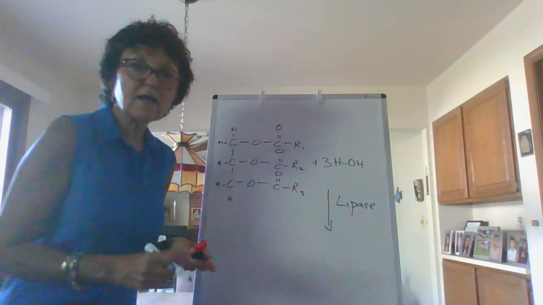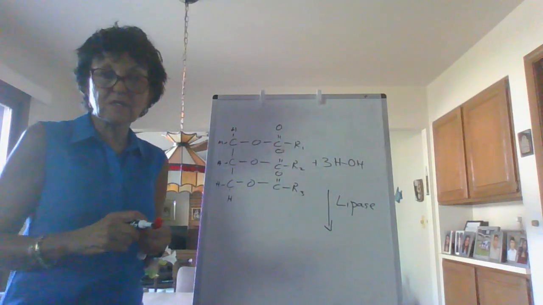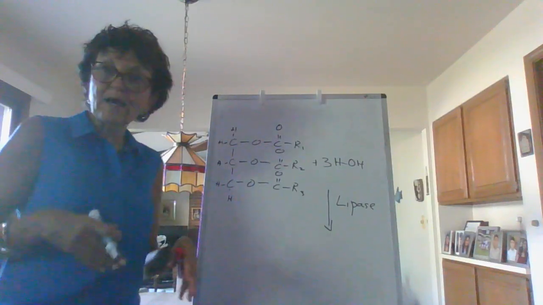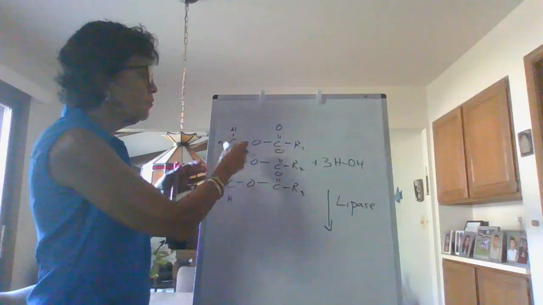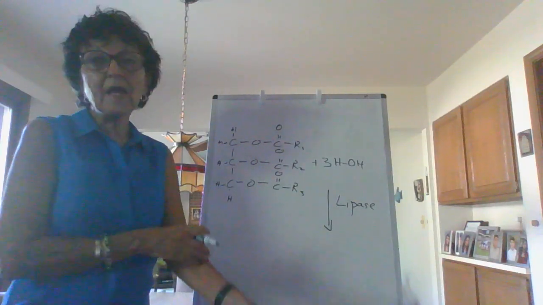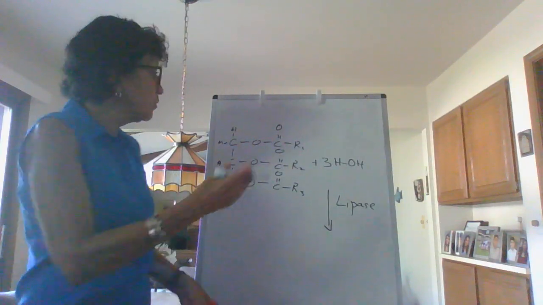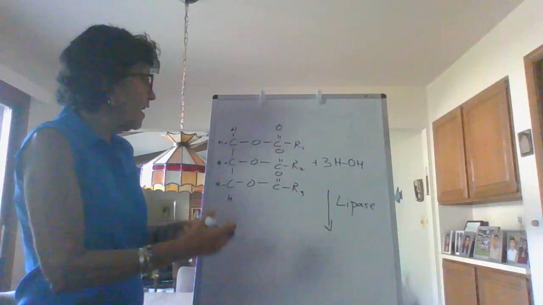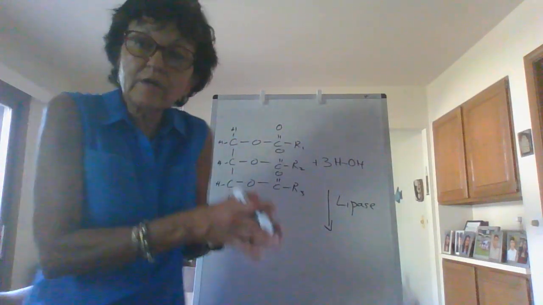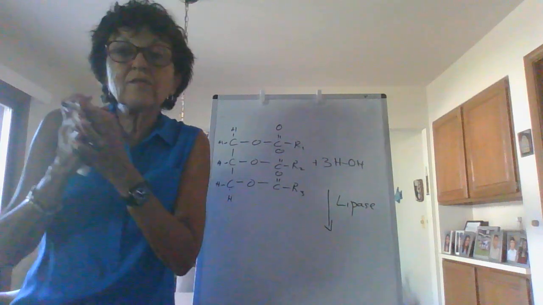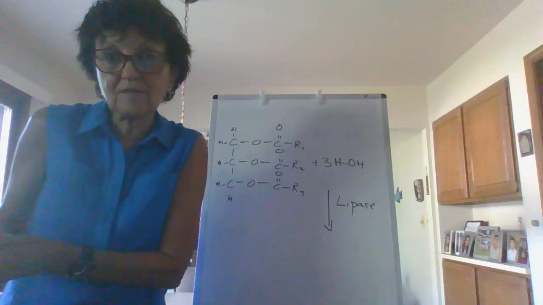In fact, this is exactly how your lipids are digested. You have the enzyme lipase in your small intestine, and then with the water, it will break these ester bonds, all right? So we're going to do HOH, and what are we going to end up with? We're going to end up with the original glycerol and then 3 free fatty acids, okay?